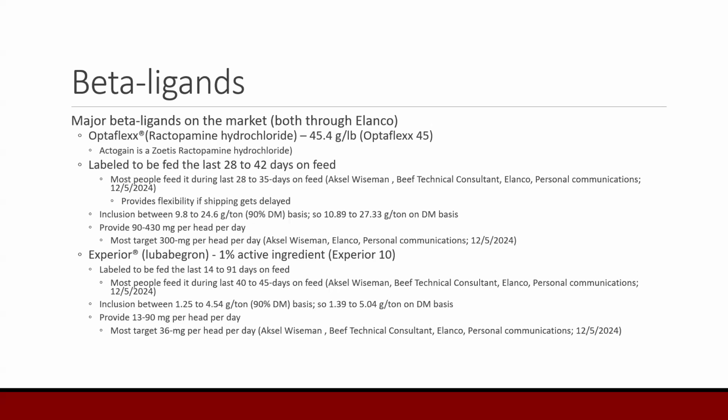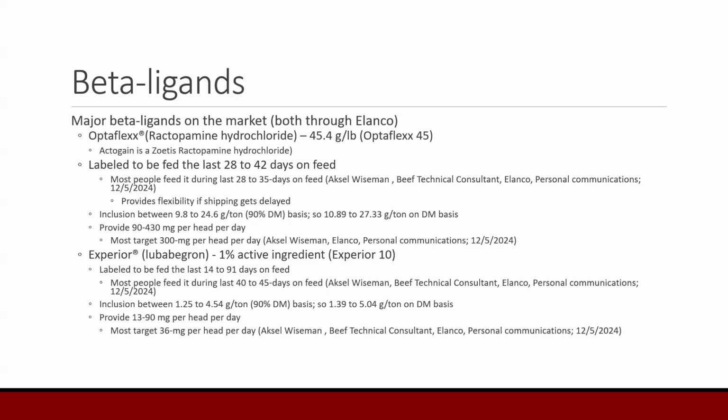Experior is the most recent, the newest beta ligand. It is 1% active ingredient. So the type A is 1% active ingredient. The lubabegron is the active compound. Okay. So that type A is called Experior 10. It is labeled to be fed the last 14 to 91 days on feed.